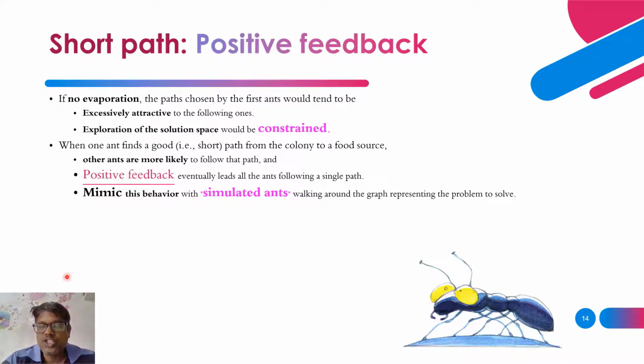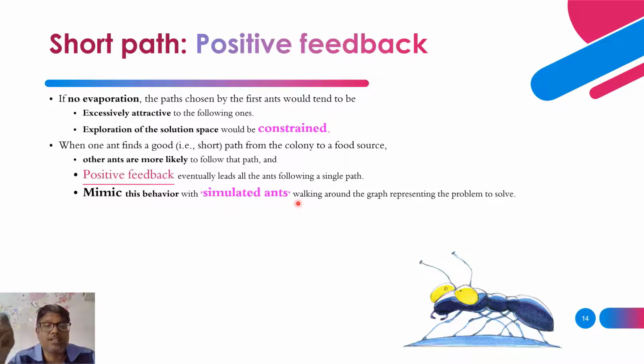So which path will be followed means automatically the first ant, the leader, maybe you can call it a leader, the first ant's path will automatically be followed by the remaining ants. Because of the positive feedback, eventually all the ants follow a single path. That means we are trying to mimic this behavior with a simulated ant.